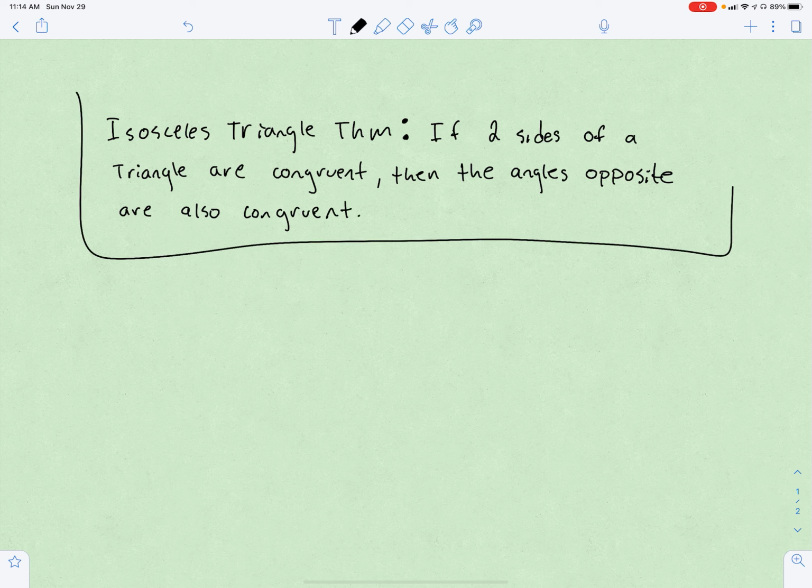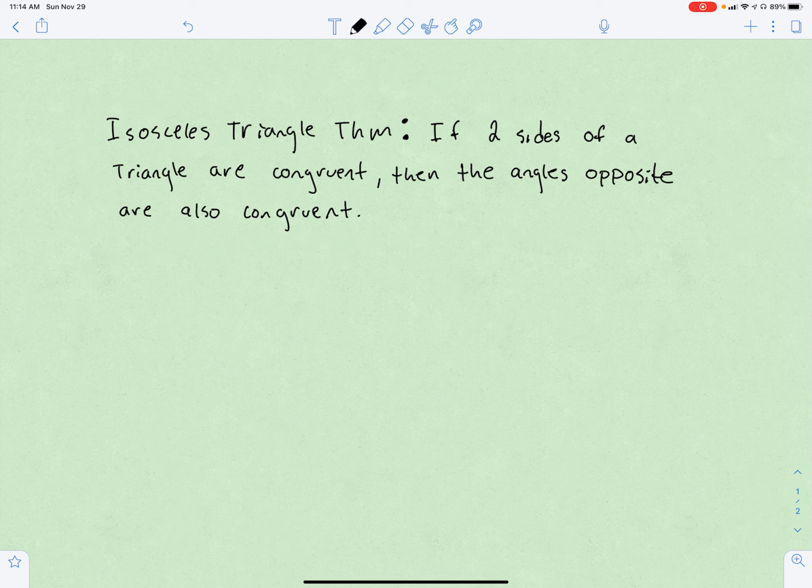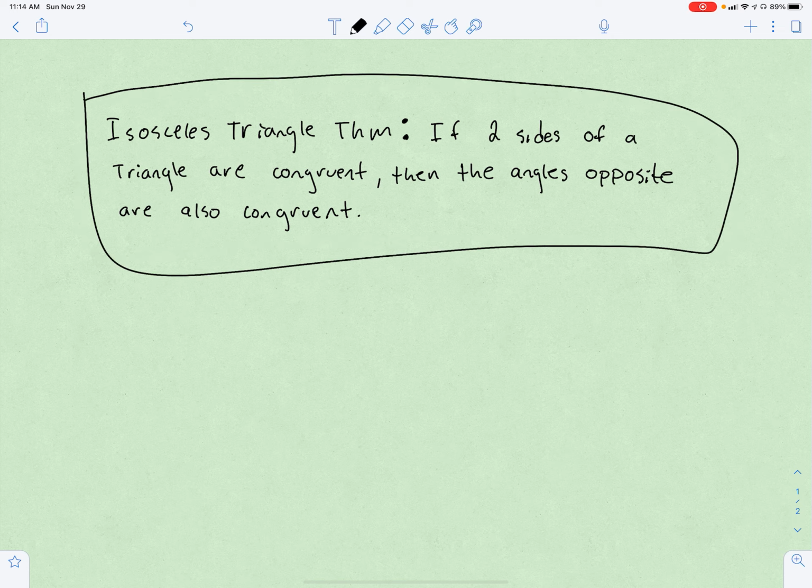So that is the isosceles triangle theorem in a nutshell. I'm going to go ahead and give you an example that's going to explain that a little bit better.